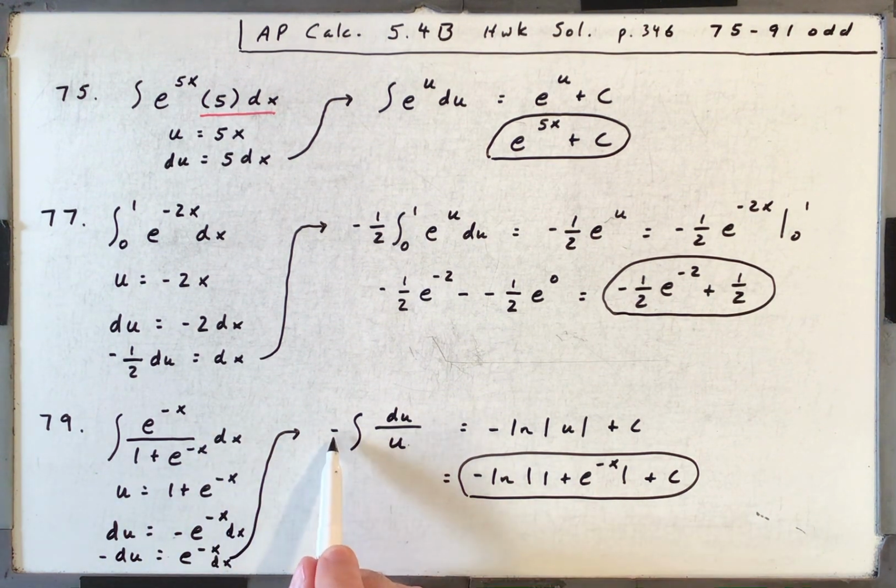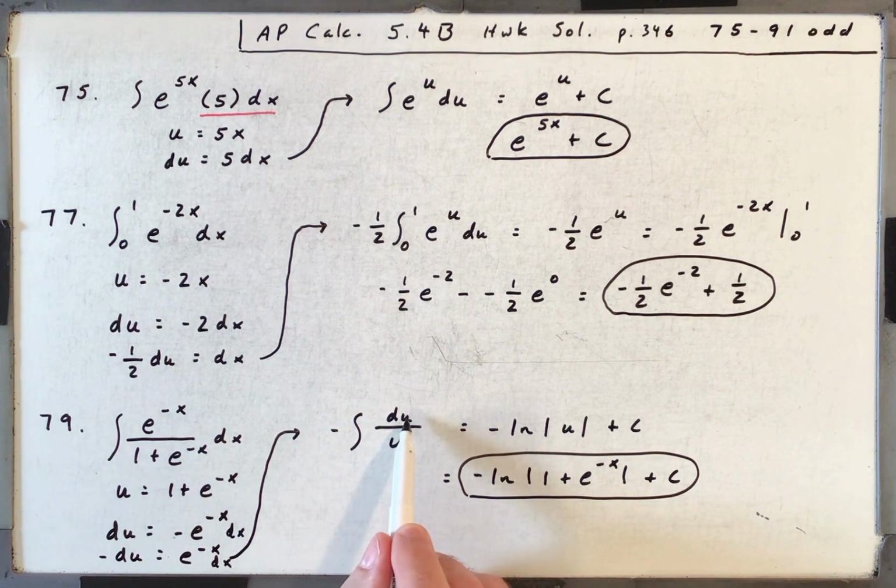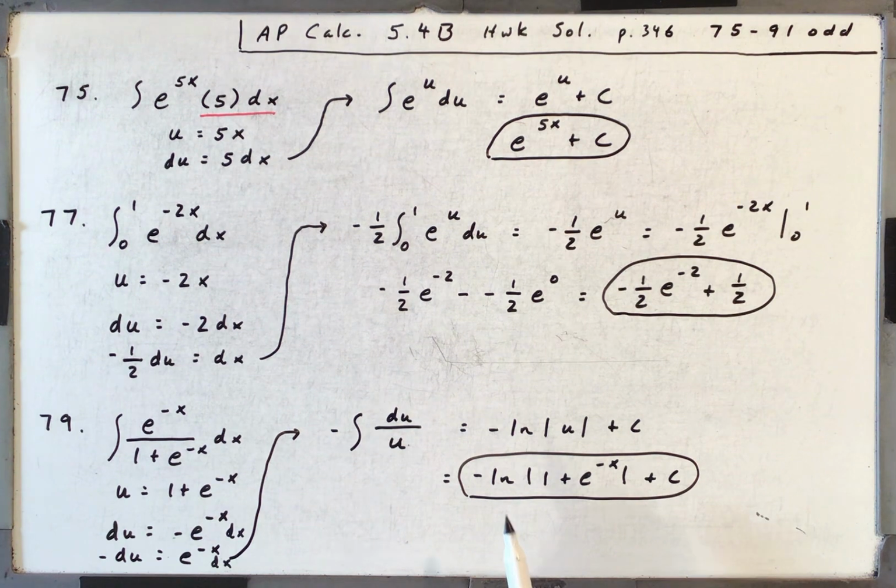So now we bring our minus out front. We have du over u. So now we're going back earlier in the chapter where we integrated du over u, and you know that's minus the natural log, because the minus is out front, of the absolute value of u plus c. So we'd have minus the natural log of 1 plus e to the minus x, absolute value of that, plus c.